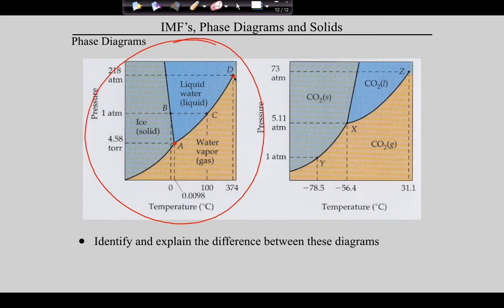Guys, the one on the right is actually the phase diagram for carbon dioxide. And there are some interesting things to notice. First of all, down here is standard conditions, 1 atmosphere of pressure. Do you now understand why we call carbon dioxide dry ice?